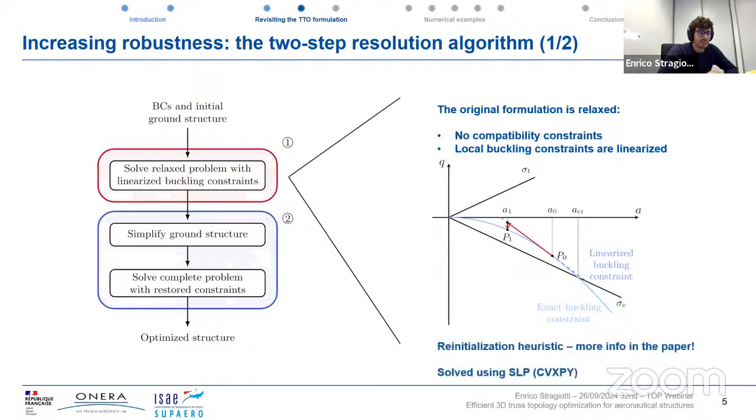In the paper, we go a little bit deeper into details, and we also propose a heuristic to try to reduce the problem of local minima, but I won't enter into details right now. This problem, as it is written, is not linear, but it is easily linearized, so it is solved using sequential linear programming.